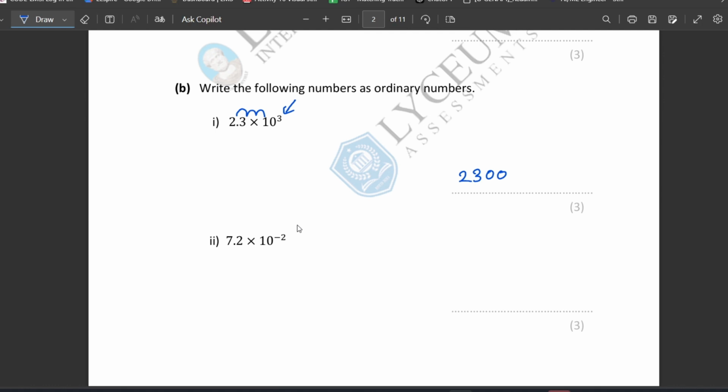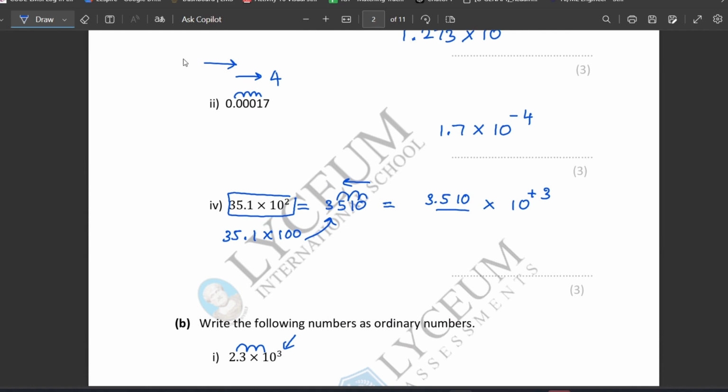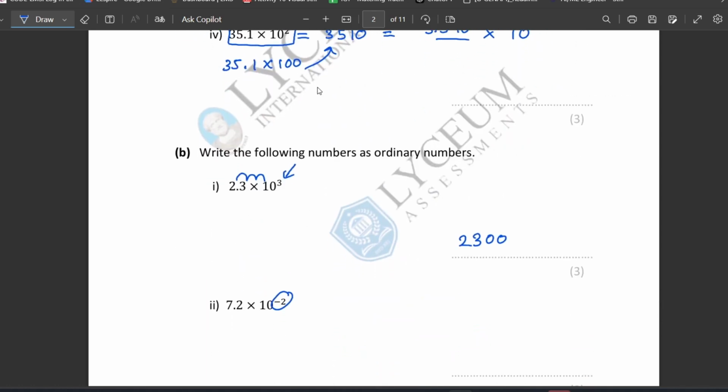And you can see this is minus 2. So we put minus when we take to the right hand side. So when we convert the standard form numbers into ordinary form, we have to do the opposite. 0.072.